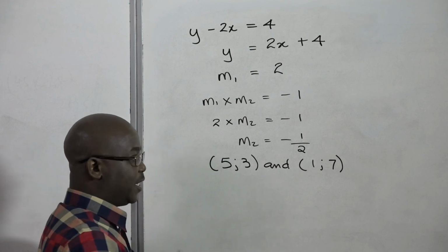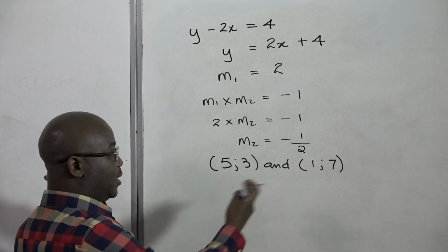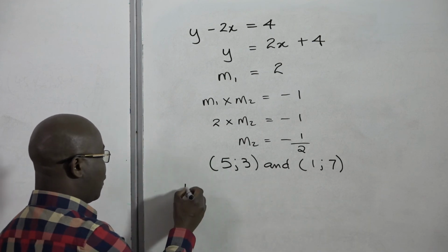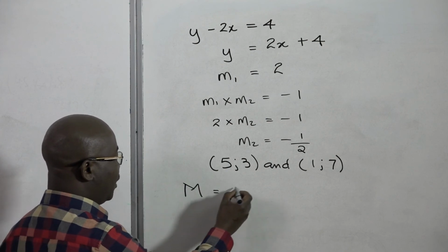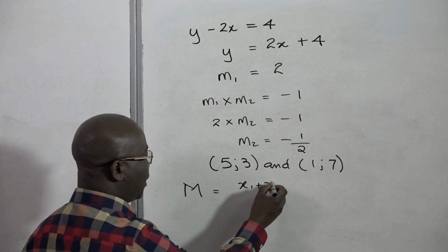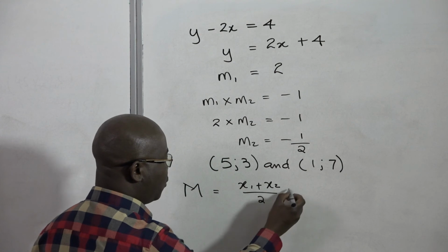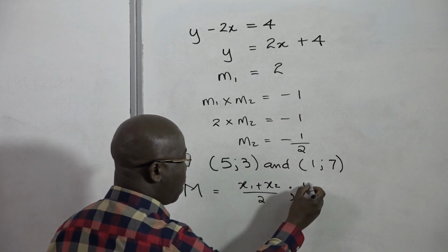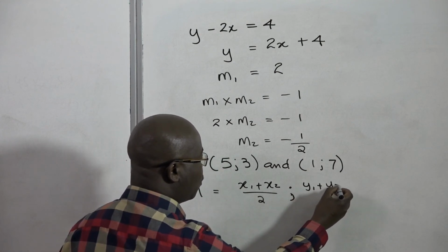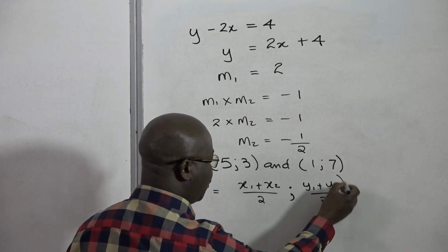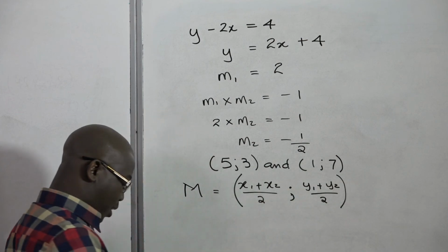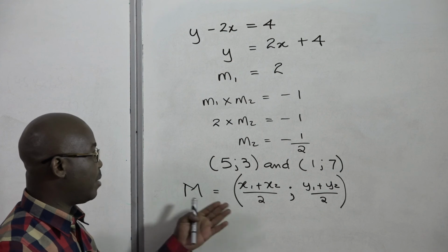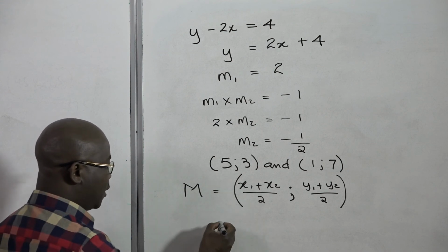We need to determine the midpoint of these two points. So our formula says M is ((x1 plus x2) over 2; (y1 plus y2) over 2). And all these should be in brackets because we are determining a coordinate. How does this pan out?